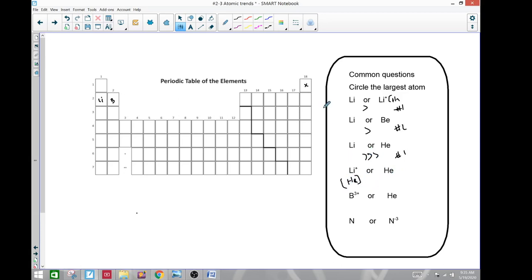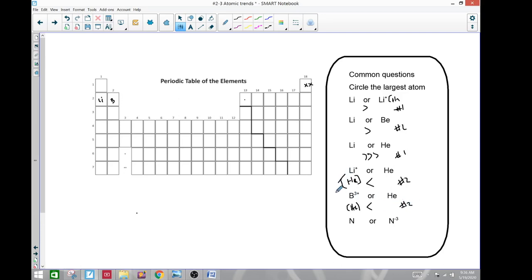So now they're both at this spot, but lithium has more protons, so this one's going to be slightly smaller because of more Coulomb attraction, reason number 2. All right, and then boron's located here, but it's not boron, it's boron plus 3, so it's back to helium versus helium. Once again, this guy's smaller because it's got more protons, reason number 2.